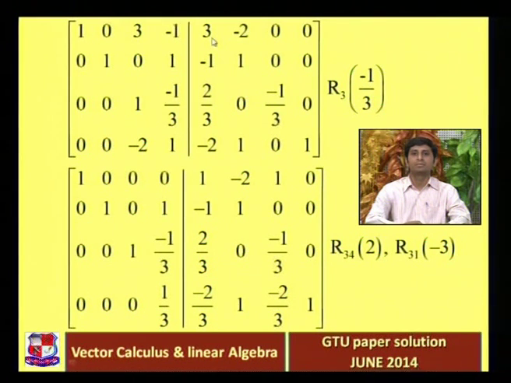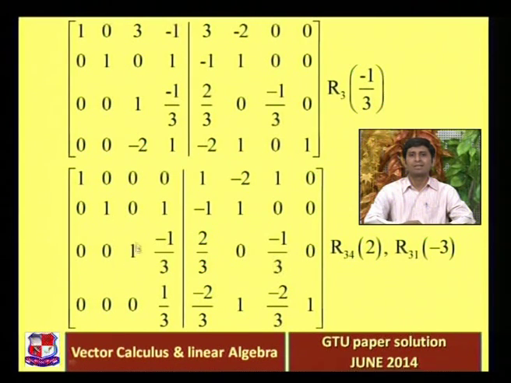So that will become 3 into, you can see, 3 minus 2, so 1, then minus 2 plus 1, minus 2 plus 0 into minus 3, so that will become minus 2. Here 0 plus minus 3 into minus 1 by 3, so that will become 1. So right here 1 and then 0, correct.